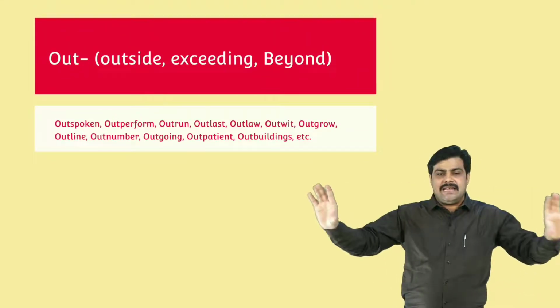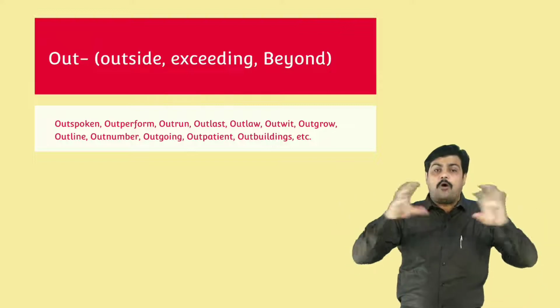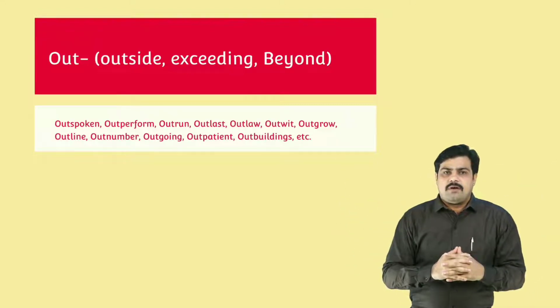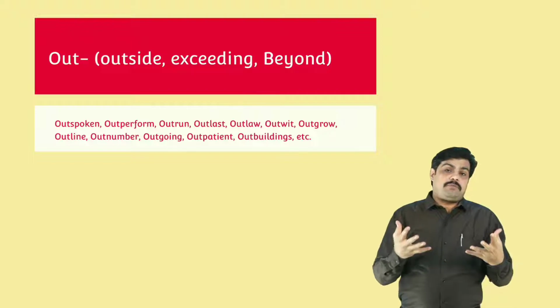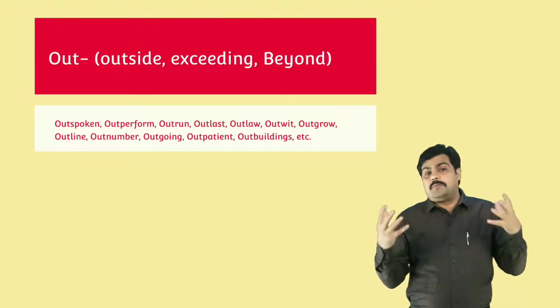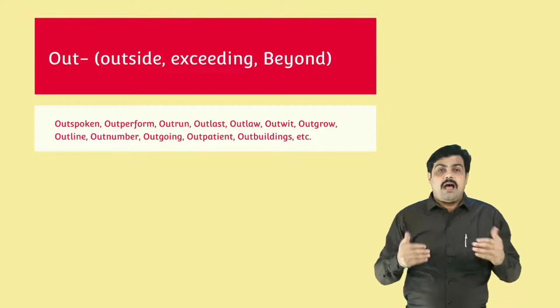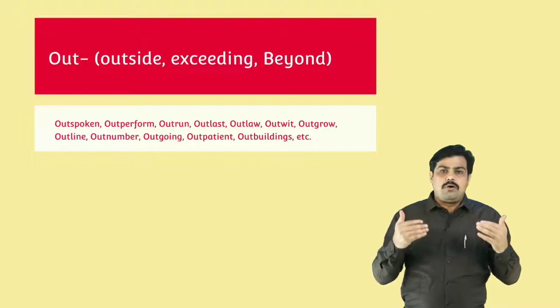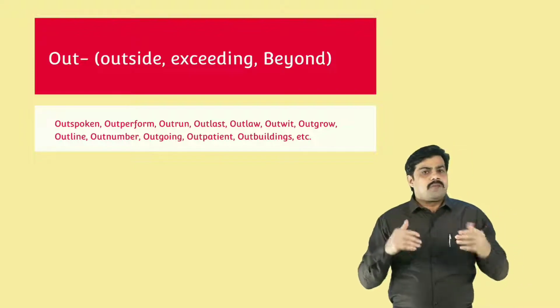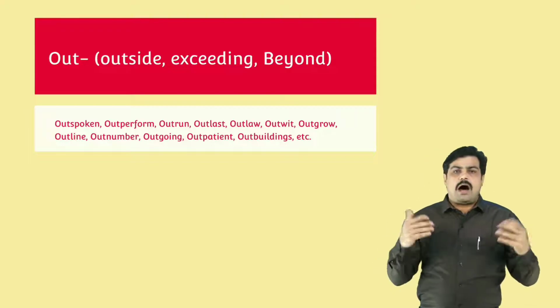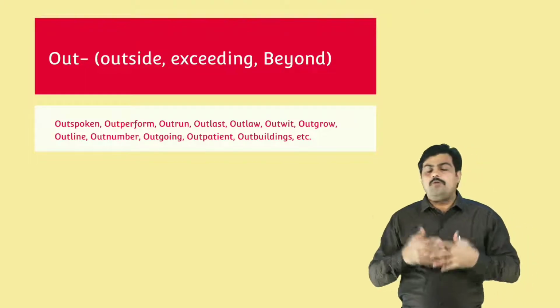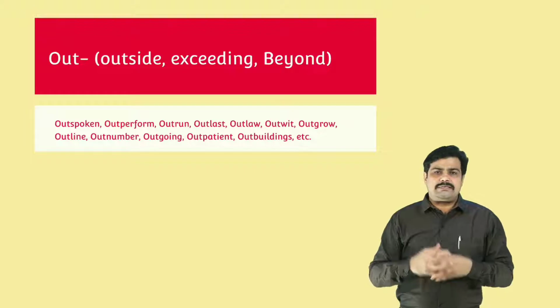Another prefix you see is out, and out means exceeding, outside or beyond anything. For example, outspoken people you might have seen, outperform, outturn, outlast, outlaw, outwit, outgrow, outline, outnumber, outgoing, outpatient, outbuilding, etc. are the words which refer to the same, meaning exceeding or outside.